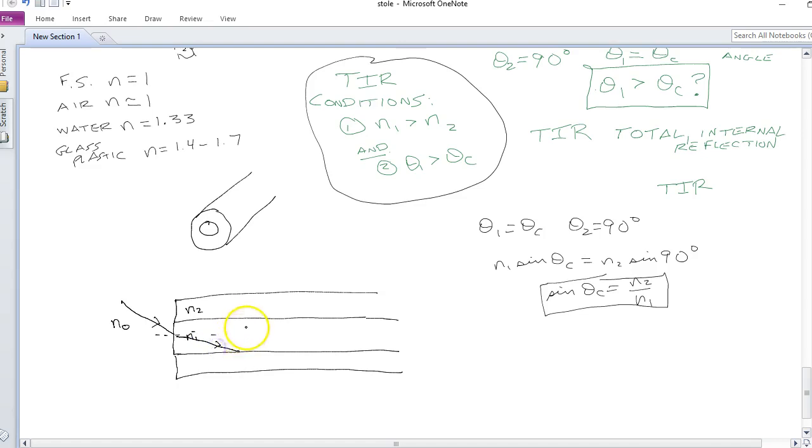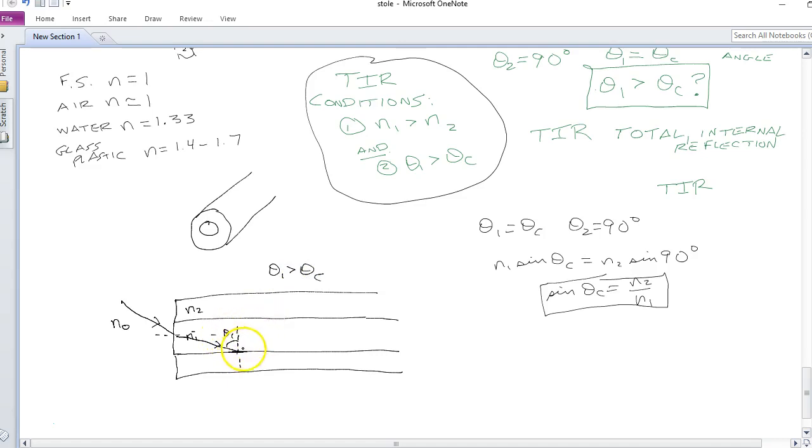Now, here's another interface right here. See this horizontal interface? That's the interface between the core and the cylindrical jacket. So here's the surface normal for that interface. This ray right here is going to form that angle, theta 1, with this vertical surface normal. So what you want to make sure of is that theta 1 is bigger than the critical angle for this fiber.